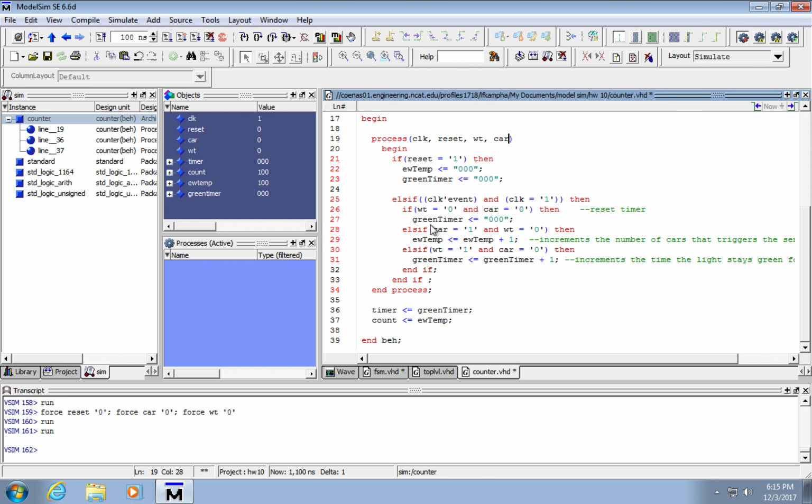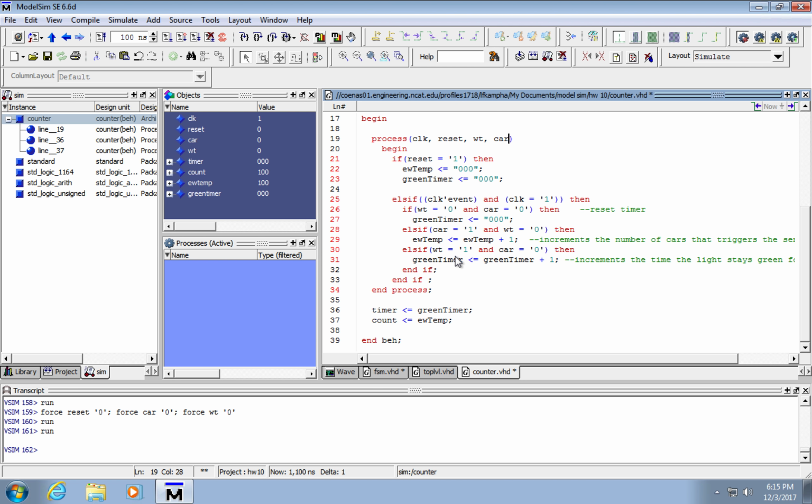This detects the sensor, which comes in from the finite state machine. The next statement is WT is equal to 1 and car is equal to 0. This disables the counter here, so this basically voids the previous else if statement. That way this statement is not overriding the other, because if it looks for car equal to 1 and we don't have this and, it'll continue to increment that statement.